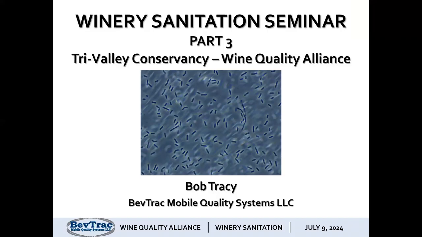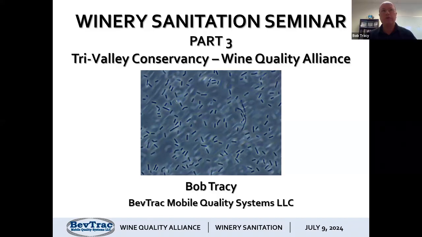So the first part, I talked generally about wine microbiology, and I did that because it's so important to winery sanitation. In the second part, I gave you kind of an overview of winery sanitation, including definitions, the major factors influencing cleaners and sanitizers, the types of cleaners and sanitizers used in the wine industry, also how to monitor the effectiveness of sanitation.